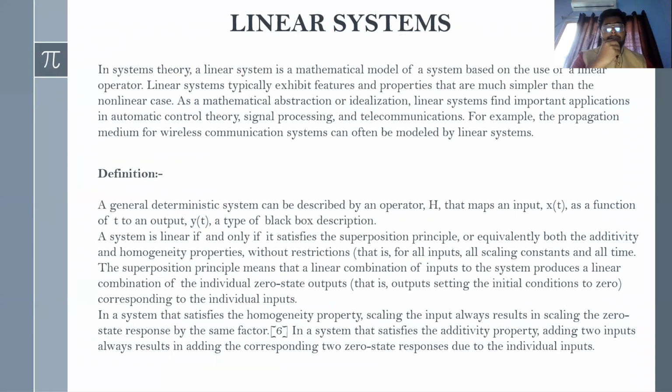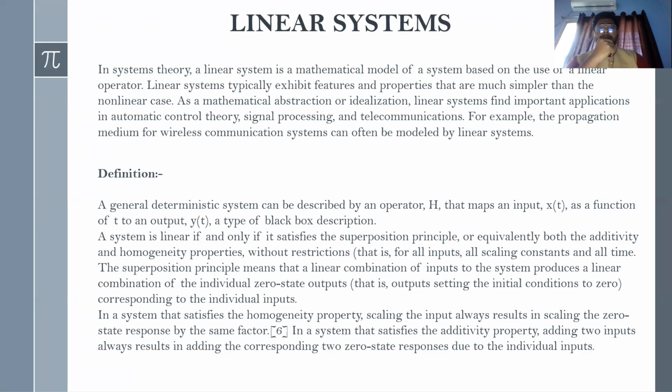In the previous slide, we discussed the mathematical model. In this slide, we are discussing linear systems. First of all, what is a linear system? In systems theory, a linear system is a mathematical model of a system based on the use of a linear operator. Linear systems typically exhibit features and properties that are much simpler than the nonlinear case.